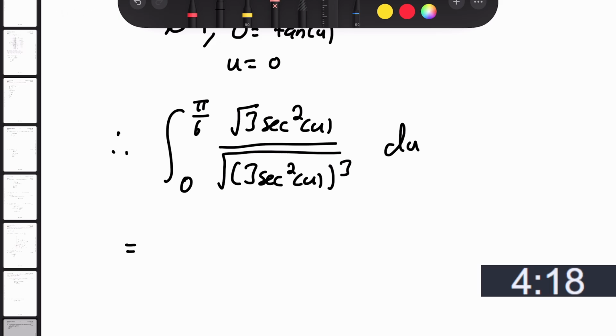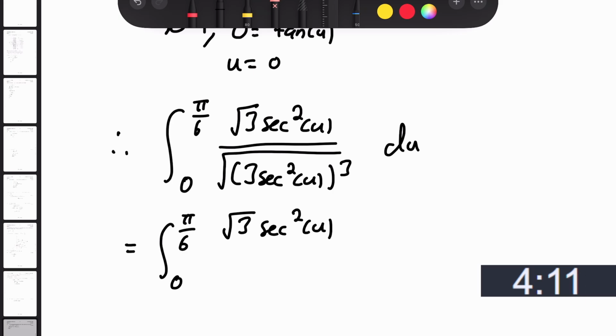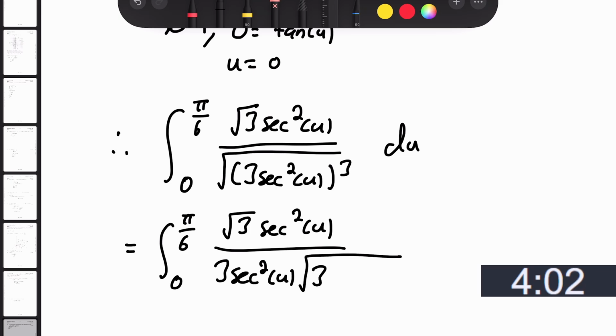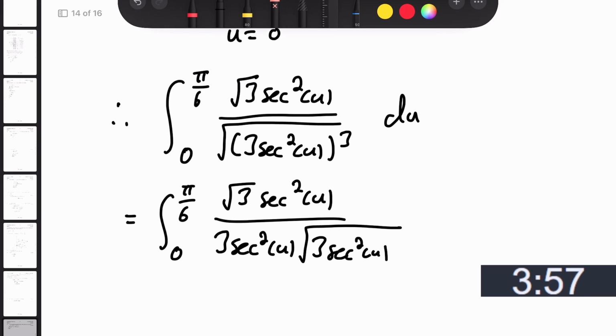So then this would be the integral from 0 to pi on 6 of square root of 3 secant squared of u on 3 secant squared of u, square root of 3 secant squared of u, du.